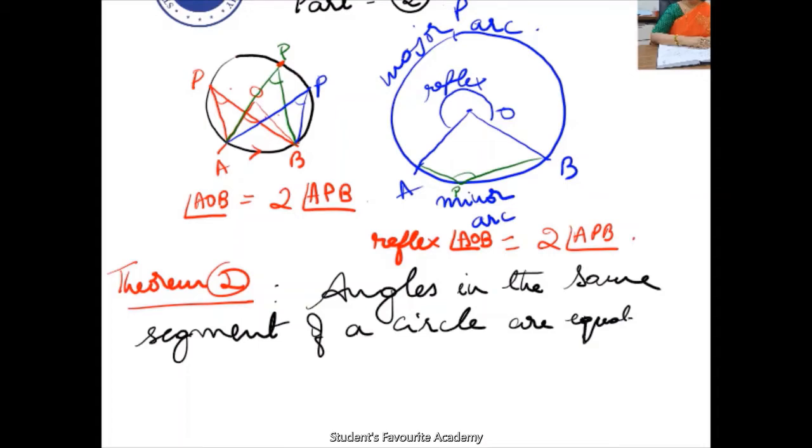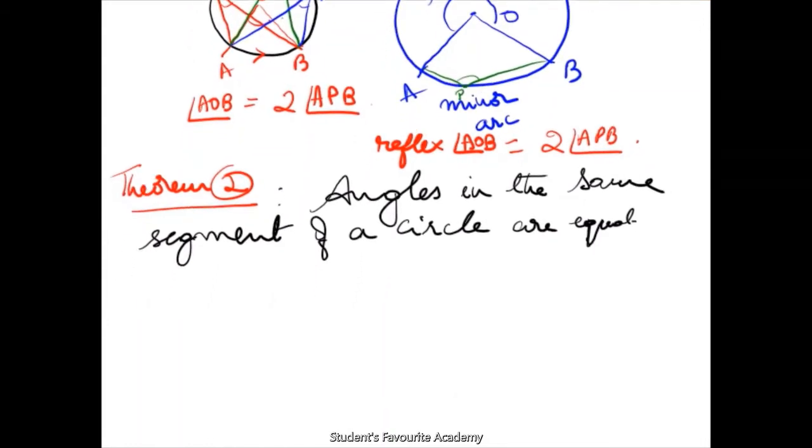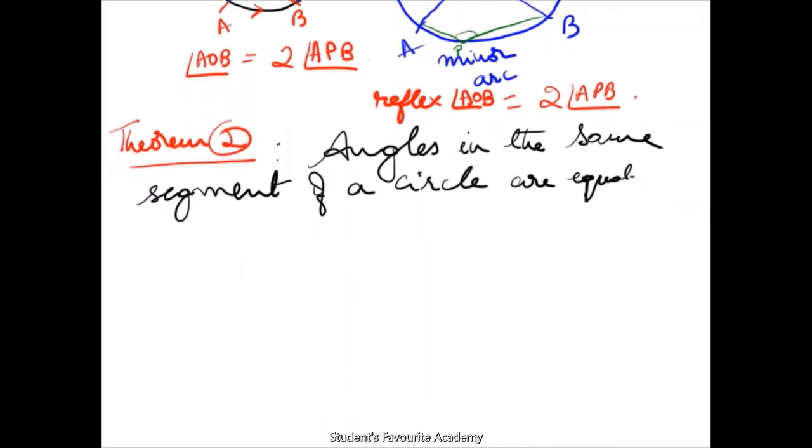Now what does this mean? Segment, I have discussed with you again, there is a minor segment and a major segment. Any chord divides the circle into two segments. Now consider the figure.